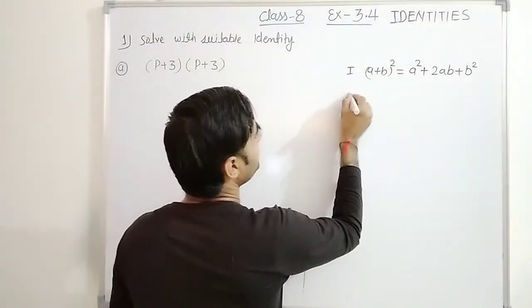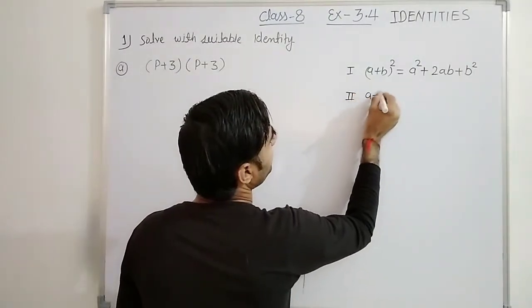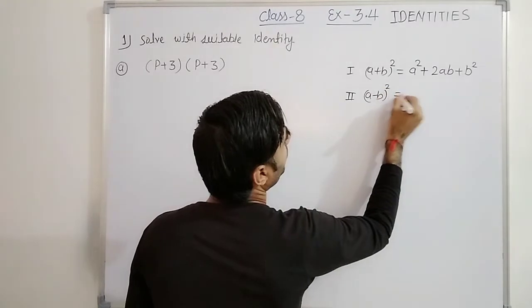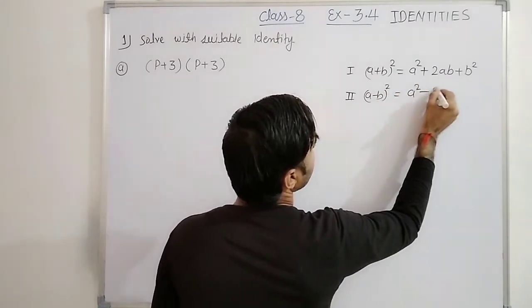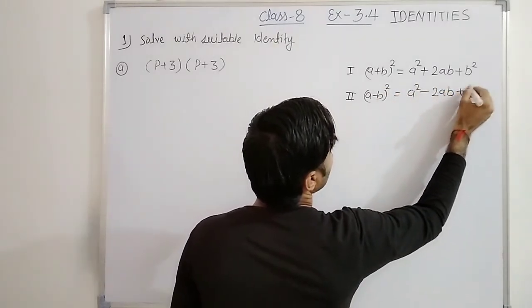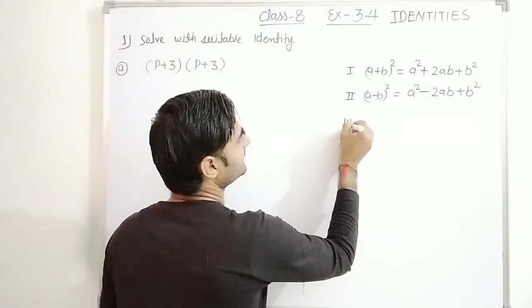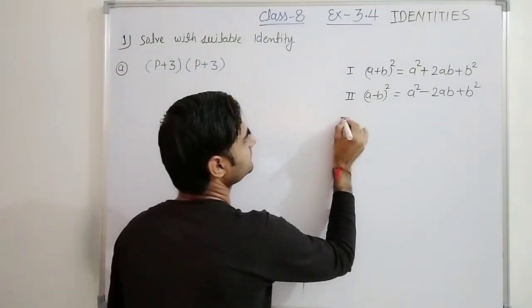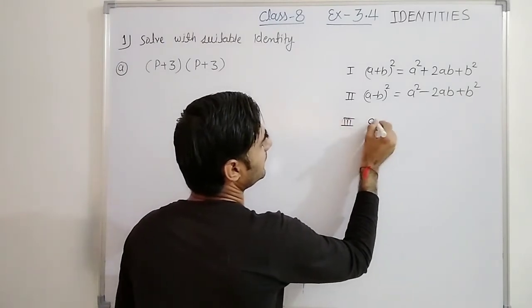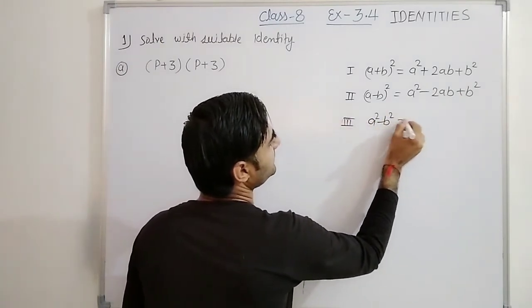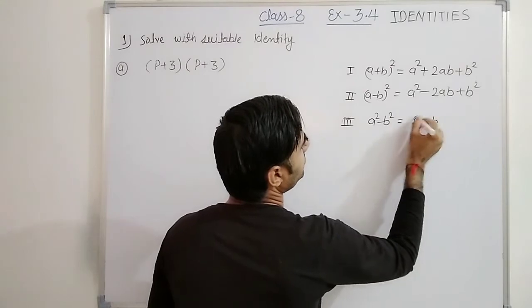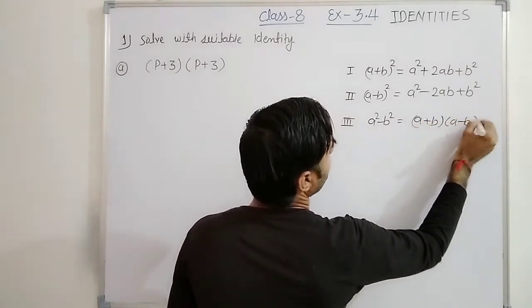Correct? Second identity is a minus b whole square is equal to a square minus 2ab plus b square. Third identity is a square minus b square is equal to a plus b, a minus b.